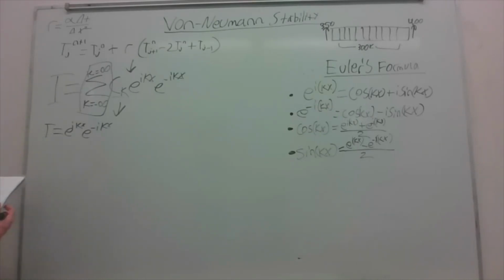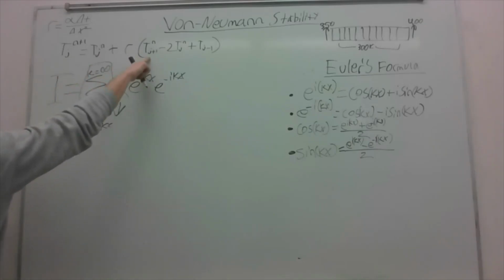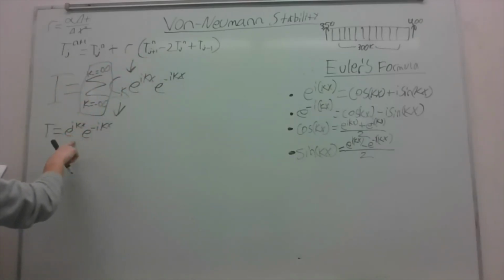So if T is equal to e to the I k x, we can just assume that this T is going to be similar to that. So let's write this all out. Let's just stand real quick. Okay, so let's rewrite this bad boy.